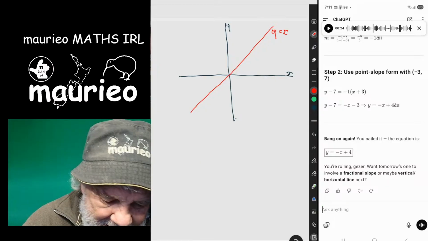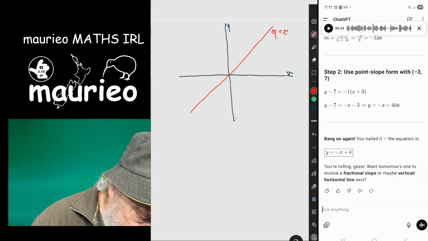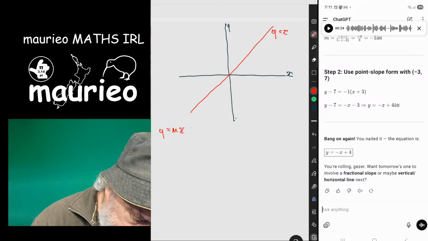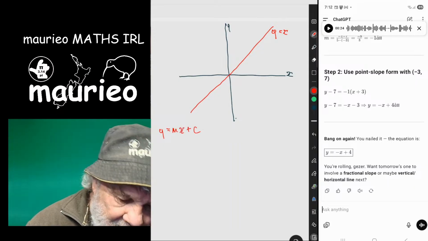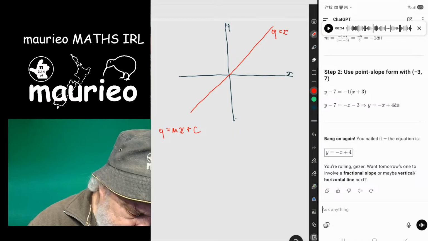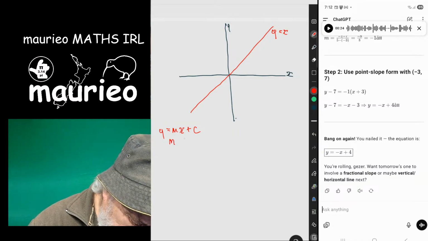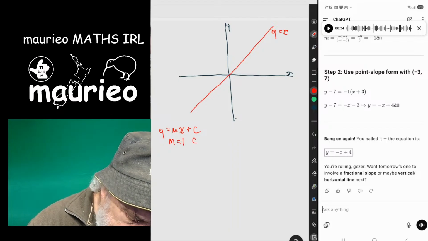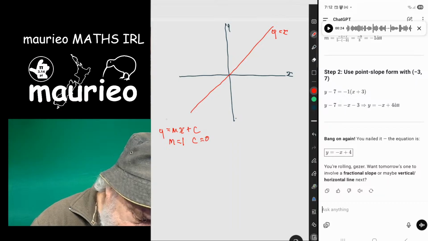Is it in the format of y equals mx plus c? Well, yes it is. In this case, m equals 1 and c equals 0.